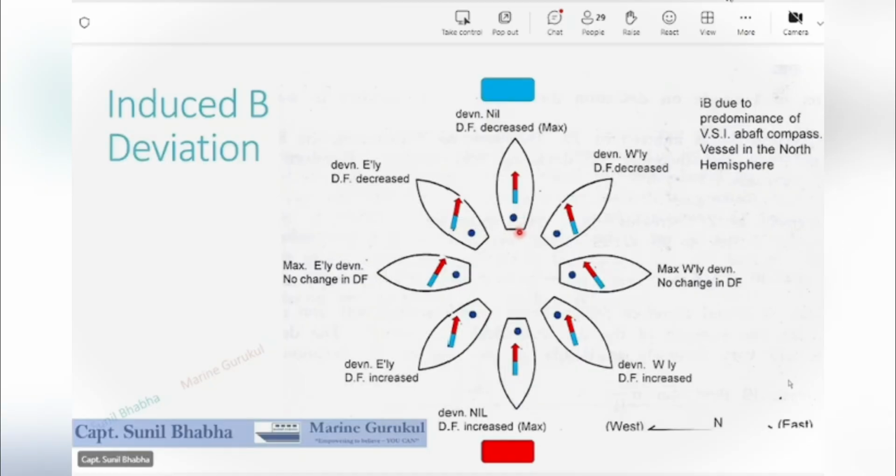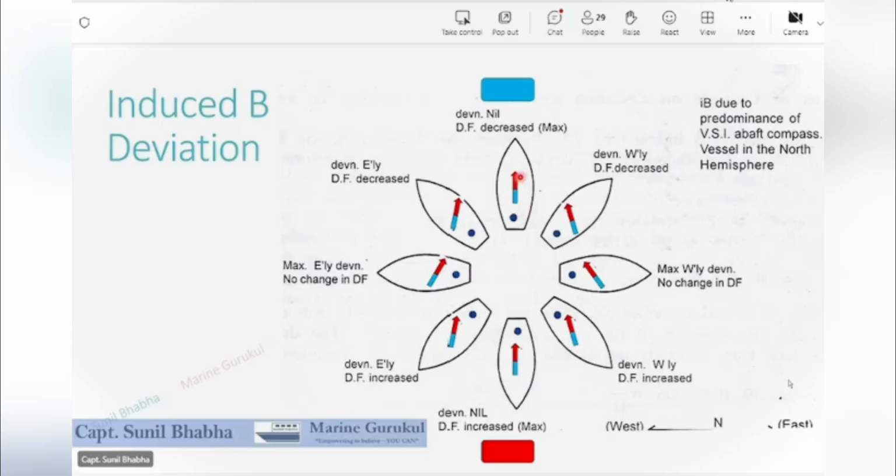With the ship heading north, we have this blue pole at the top of the funnel abaft of our compass. It is exactly south of the compass needle. Even though the blue pole tries to repel the blue end of our compass magnet, it is not able to do that because the magnetic field generated by the funnel is much weaker as compared to the magnetic field of the Earth.